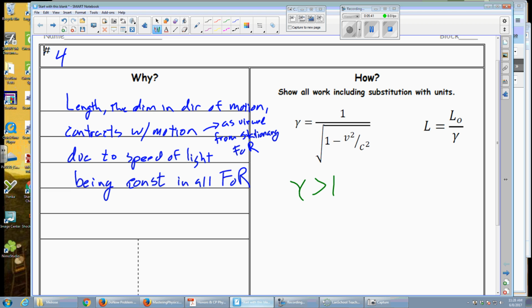So what does that mean about our relationship between L and L naught here? L is always shorter than L naught, because any time you divide by a number greater than 1, you get a smaller number. So in the moving frame of reference, as I watch this thing move by, it's shorter.